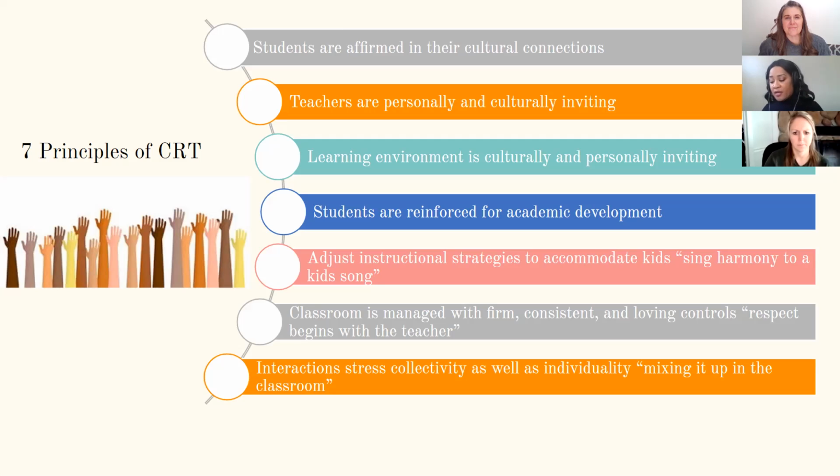So we're working alongside them. 5, the classroom is managed with firm, consistent, and loving controls, and respect begins with the teacher. And the last one, interaction stressed collectively as well as individually, mixing it up in the classroom. So we're allowing space for collaboration or individual work in the class.